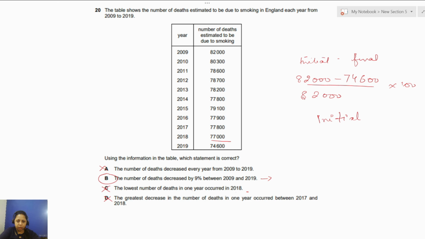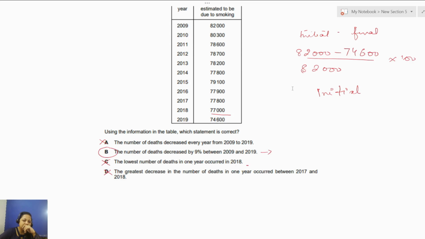For which, B? Yes. Done. Is it the same 9%? It's 9%. I'm telling you this formula because you have to use this in P2 as well, and in P4 as well, so this one is important.